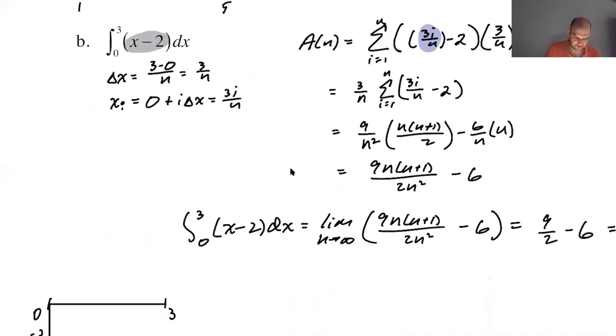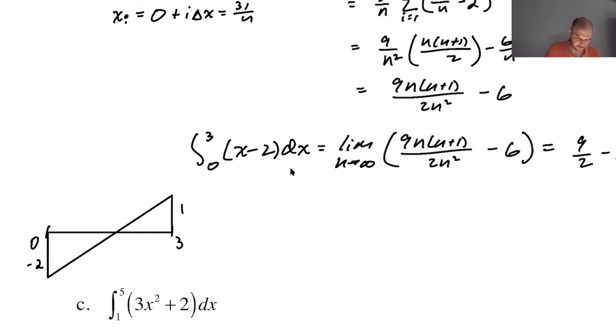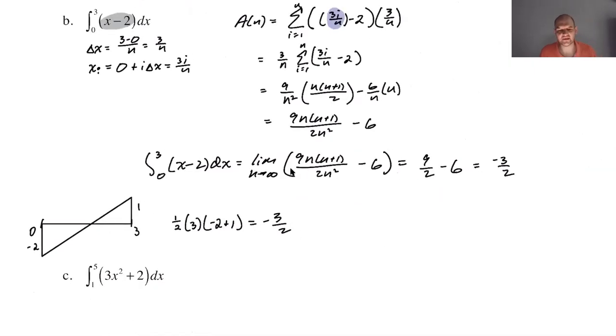And when you plug in 3, you get 1. So I'm saying that this thing is a trapezoid. It's very obviously not, but the area you can calculate is 1/2, 3, and then negative 2 plus 1, which is negative 3/2. So it's kind of a weird thing. You can do that. I do it all the time. It makes me a little uncomfortable to do it, but it works.